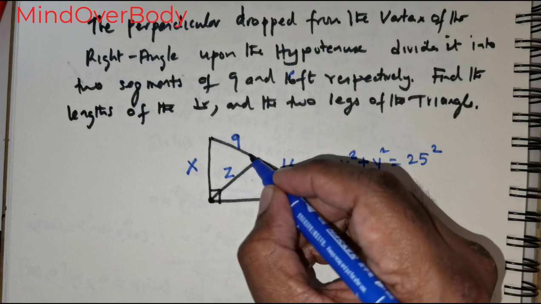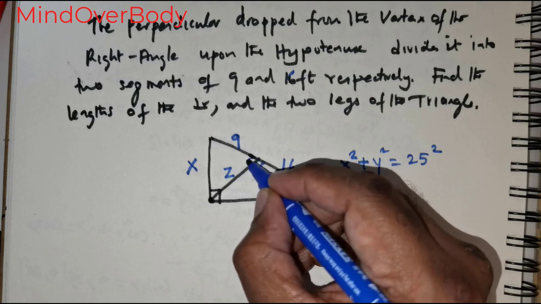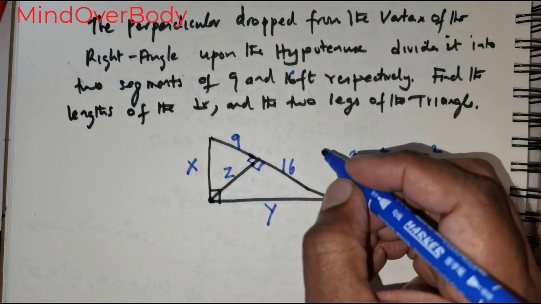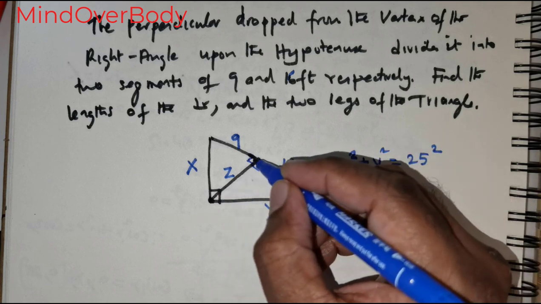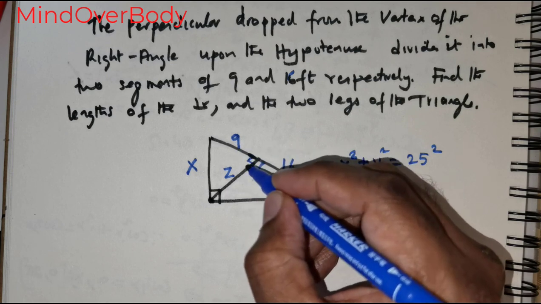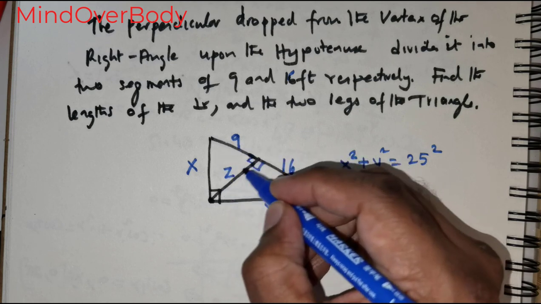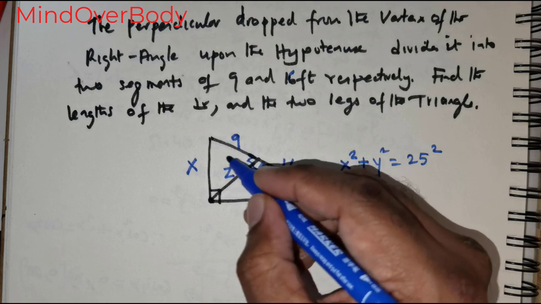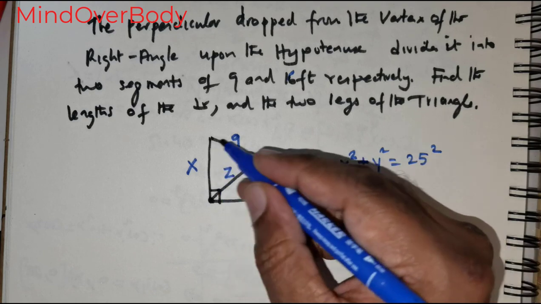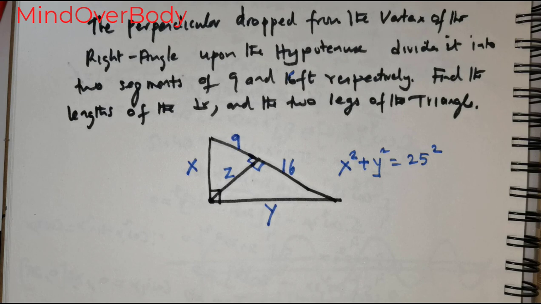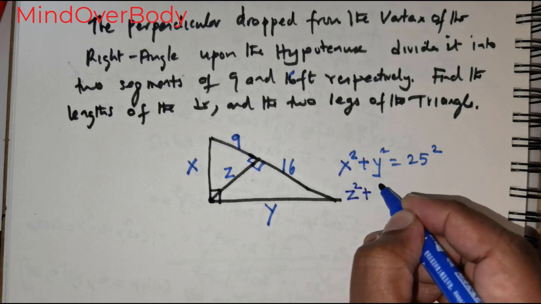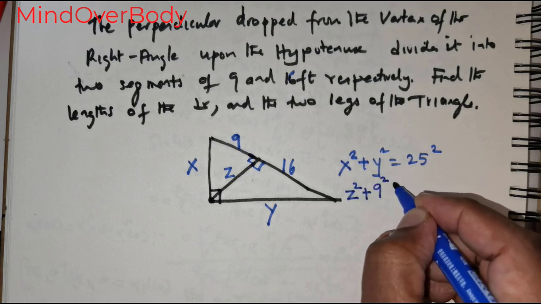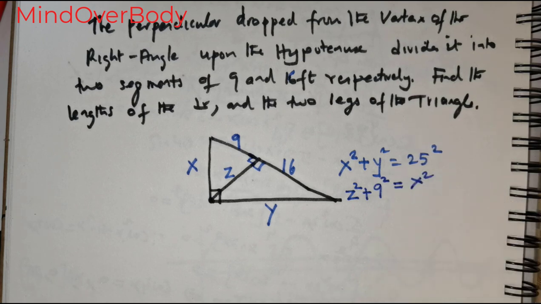Now if this is 90 degrees, we are looking at a right triangle here. If I take these to be the two other sides, and this to be the hypotenuse for this triangle, then I can write z squared plus 9 squared is equal to x squared.